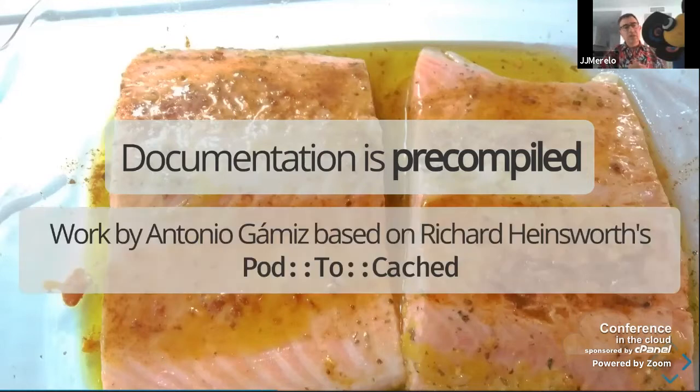This was mainly the work of Antonio Gámiz at the higher level, but Richard Hainsworth's work did something called pod-to-cache. This is probably going to change in the future, but for the time being, the basic idea is you have documentation, you cache it, so the next time you need to work with it, you don't have to compile it all over again, which was very slow, but you just use the cache you already have, right?